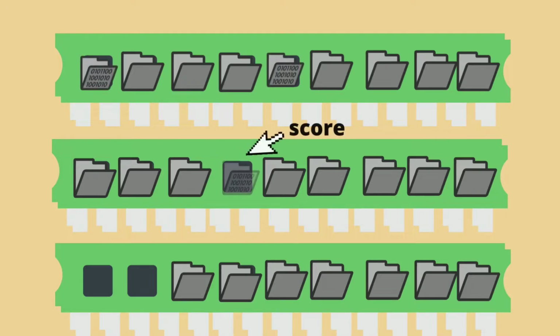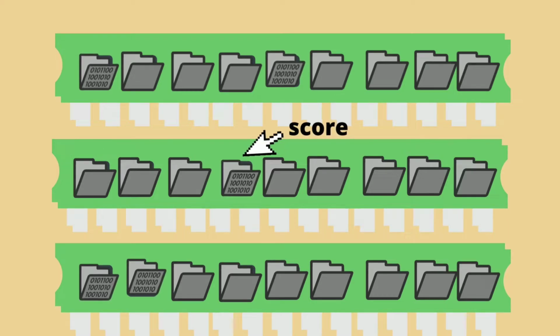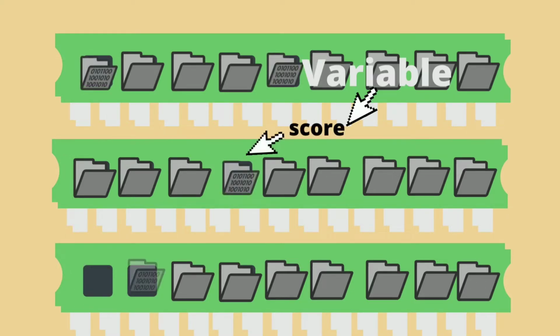A variable is nothing but a pointer to a location where your value is stored. Imagine a small box which contains the value, and the label which identifies which value it is.